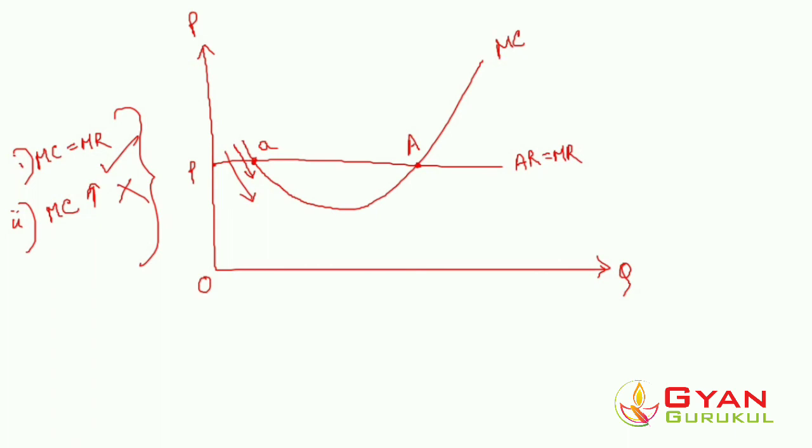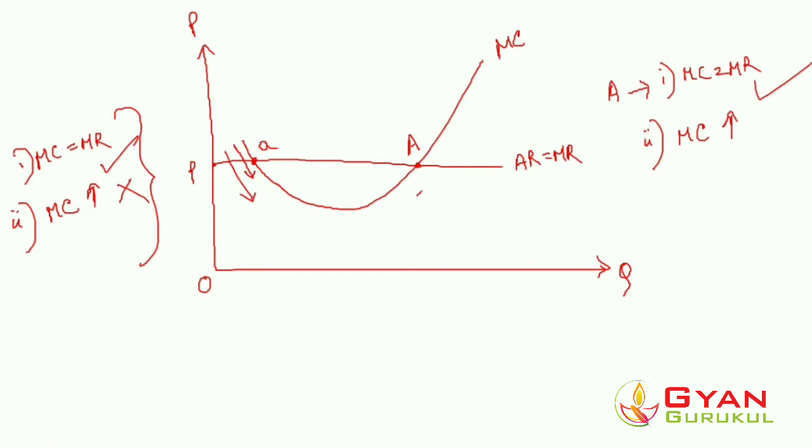Now at capital A you can see the first condition, marginal cost equal to marginal revenue, is fulfilled. Then what was the second condition? The second condition was that MC must be increasing, or the slope of the total cost must be increasing. Yes, we have also seen that condition fulfilled here, that marginal cost was rising at this point.